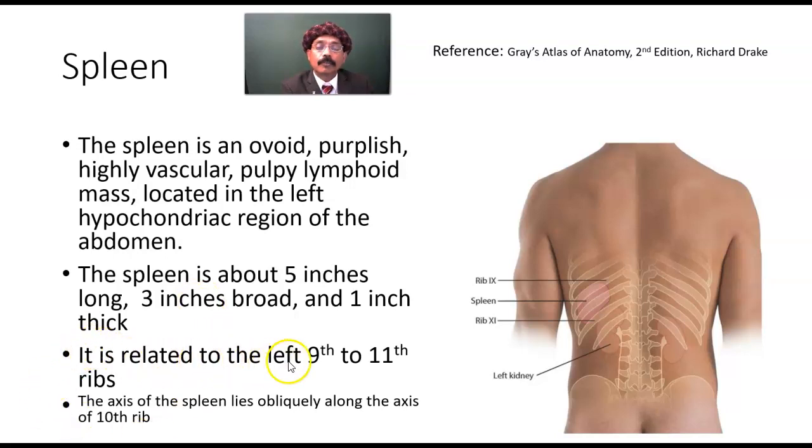It is related to the 9th to 11th ribs. Here we have the 9th rib, 10th rib, 11th rib, and the axis of the spleen is obliquely located along the long axis of the 10th rib. This is the 10th rib here.